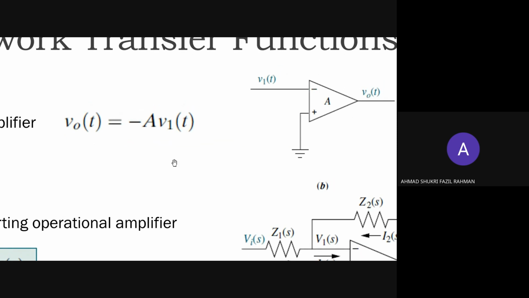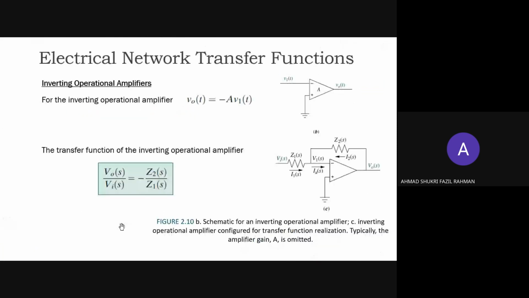This is the basic one. We also have another configuration where the feedback is connected to a resistor, and this resistor is connected to the output, and also Vi, the input signal, is connected to V1.